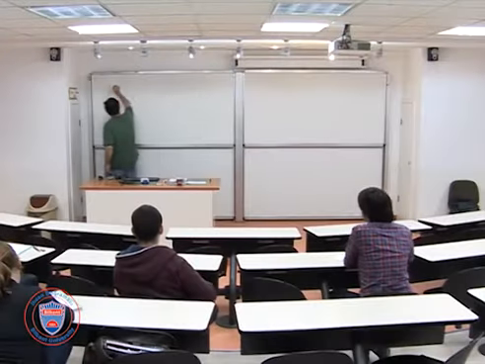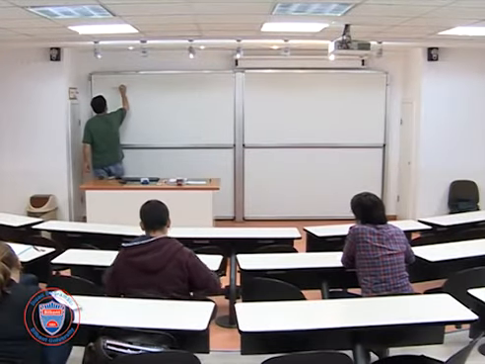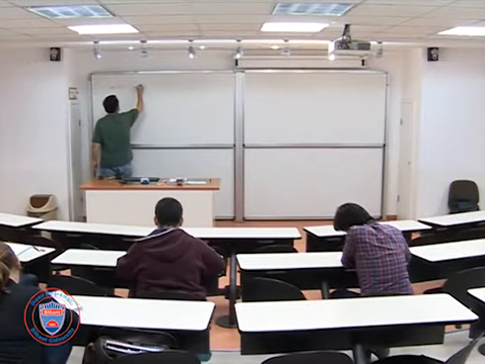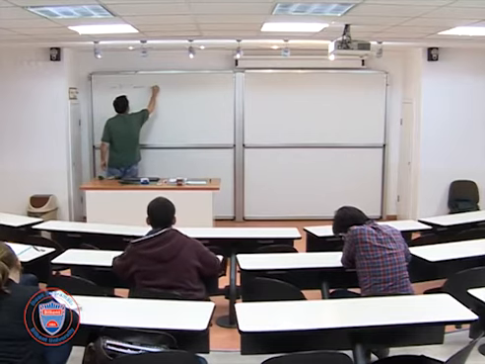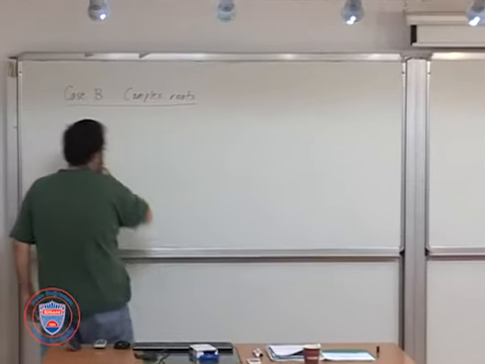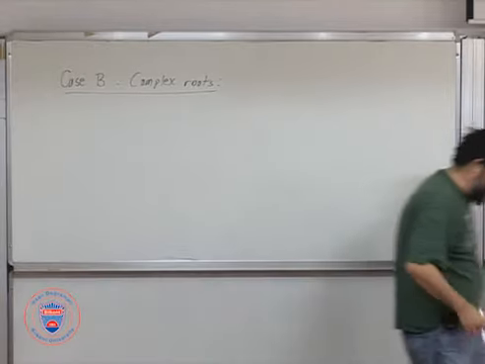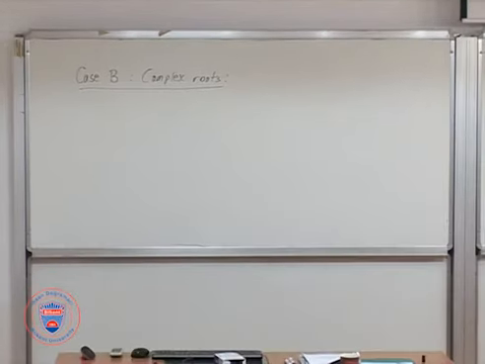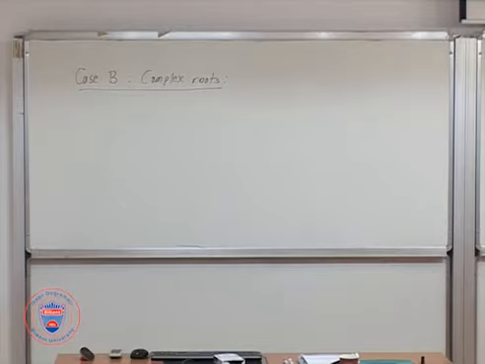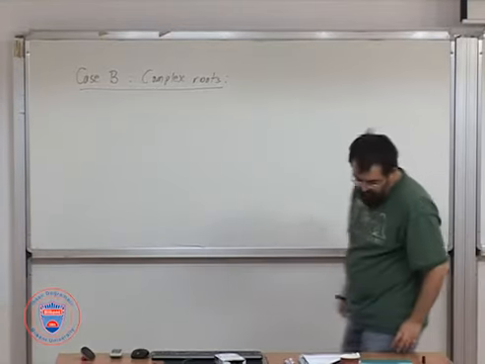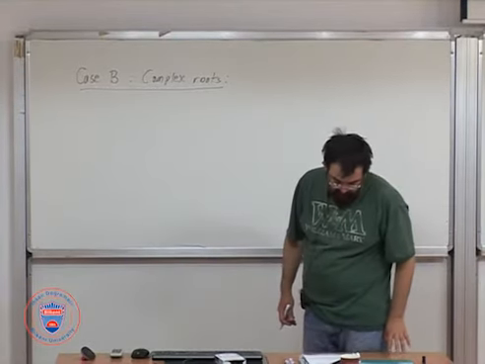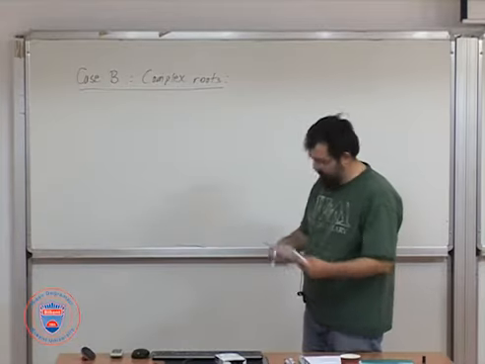So we'll be doing case B, where you will be dealing with complex roots. If you're familiar with how to deal with complex numbers, this is probably the less exciting solution type you will find.